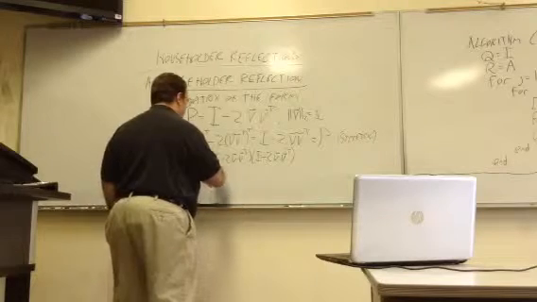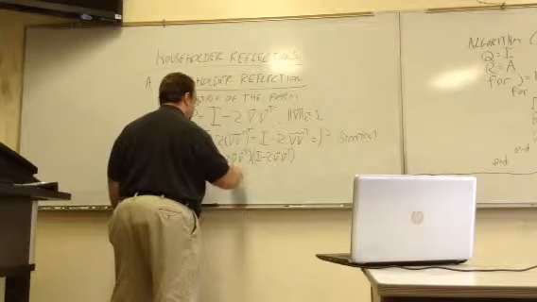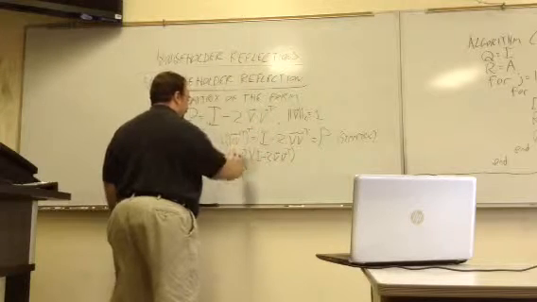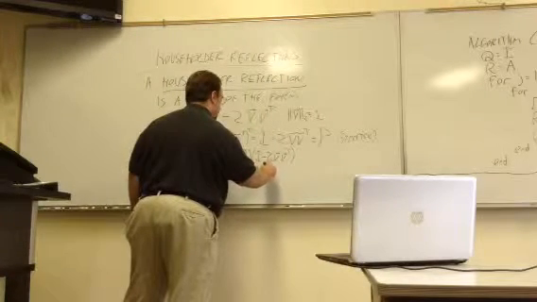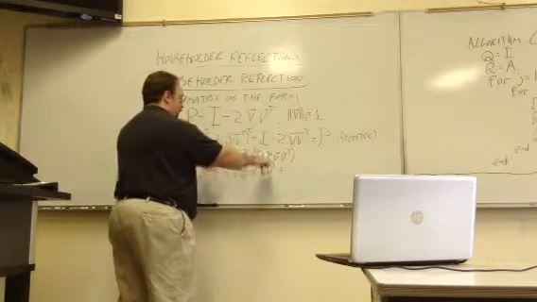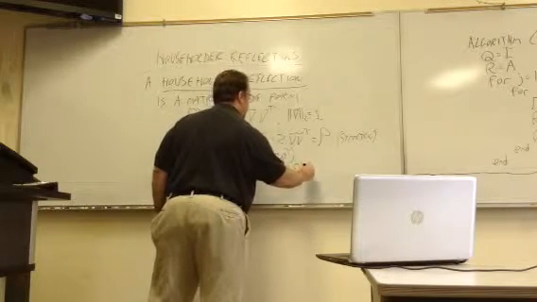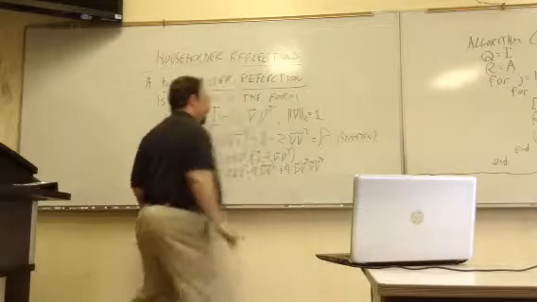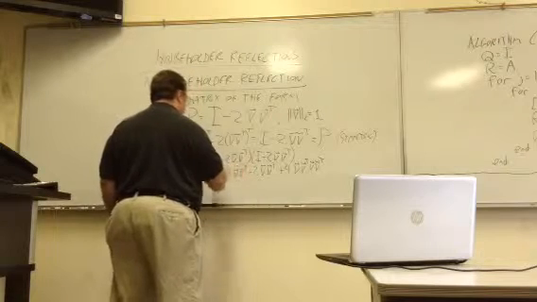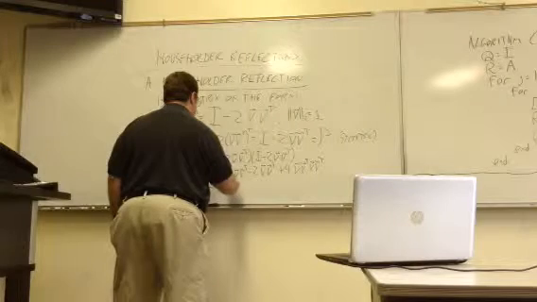I get identity times identity, and then minus 2 V V transpose times identity, minus 2 V V transpose times identity, plus 4 V V transpose V V transpose. The middle two terms can be combined into minus 4 V V transpose.